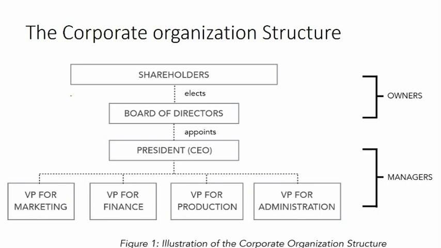To assist the president or the CEO, we have the vice president for marketing, the vice president for finance, the vice president for production, and the vice president for administration.